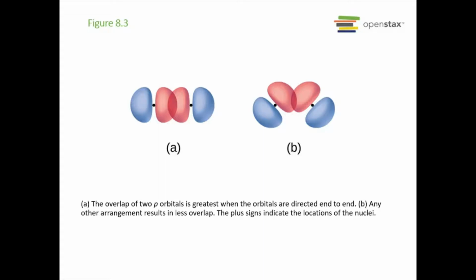In A, you see this end-to-end overlap, and you see this very strong, large area of overlap. Whereas in B, the orientation of these orbitals makes it so that this overlap is a lot smaller. The plus signs are the nuclei here in the center. So you can see how that overlap influences the strength of a bond when it comes to orientation.